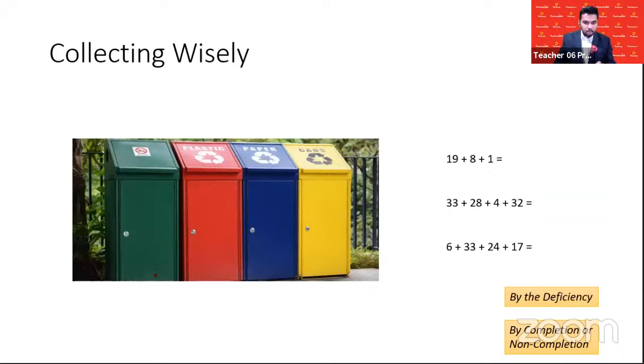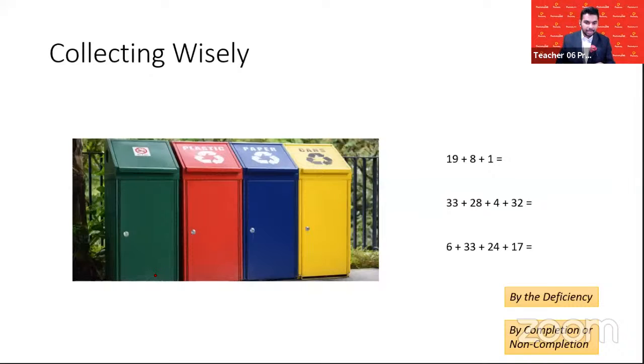Now, this is also another way of driving home the same concept. Have you seen on roadsides, you have seen paper cans, in fact waste boxes, where you can segregate your waste? So in numbers also this is true.